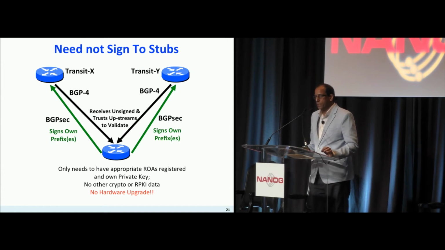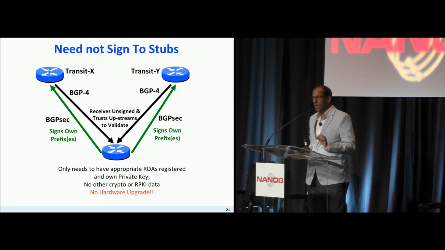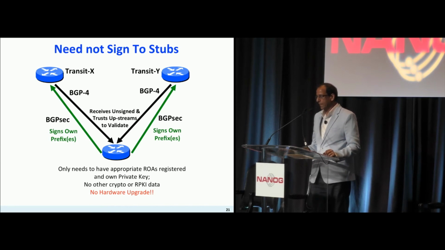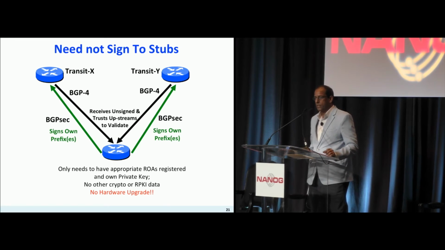We should mention Stub ASs, because for BGPsec implementation, it would entail some hardware upgrade. If you have a Stub AS, BGPsec allows for what you may call simplex BGPsec. The Stub AS can sign its updates to the transit provider, but receive only unsigned updates from the transit provider. By doing that, the Stub doesn't have to do any hardware upgrade.